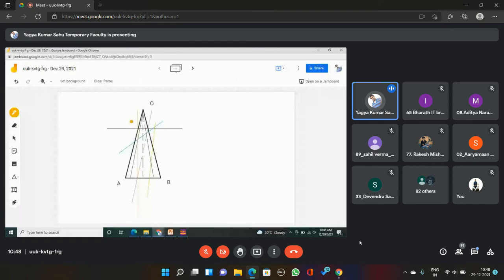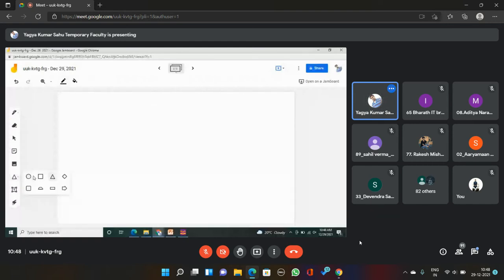Okay, so suppose the diameter of the circle is 50 mm. First of all, draw a circle of diameter 50 mm like this.